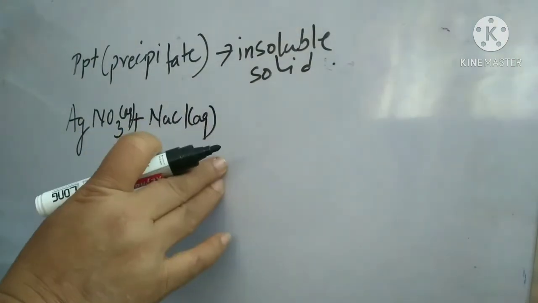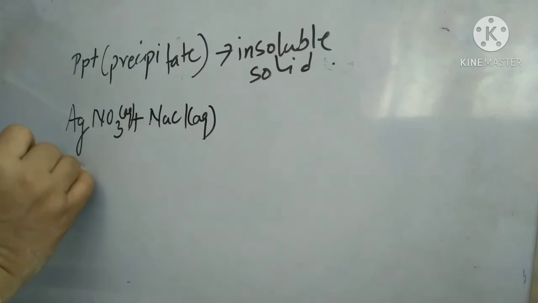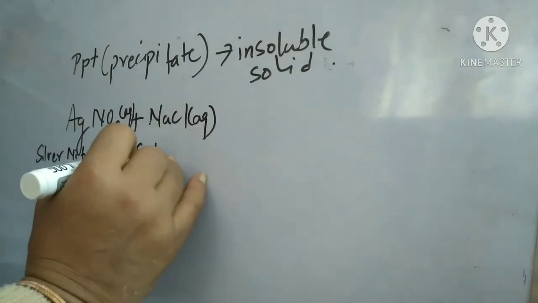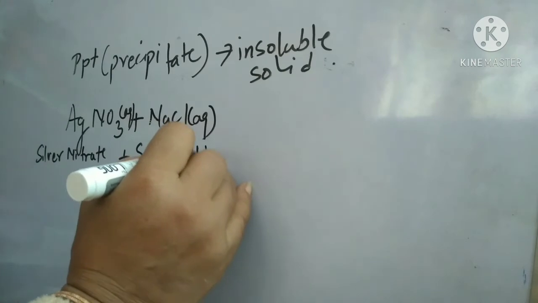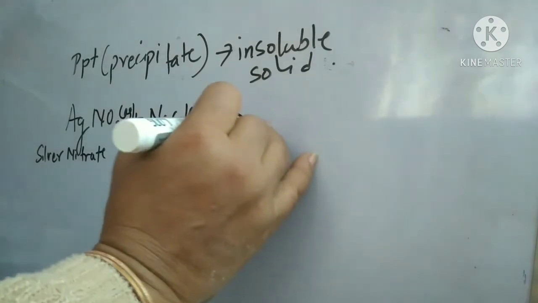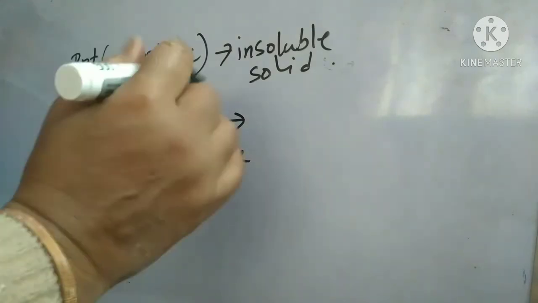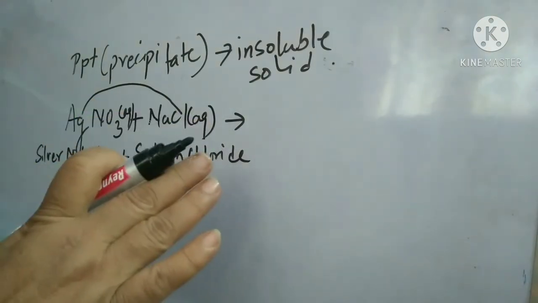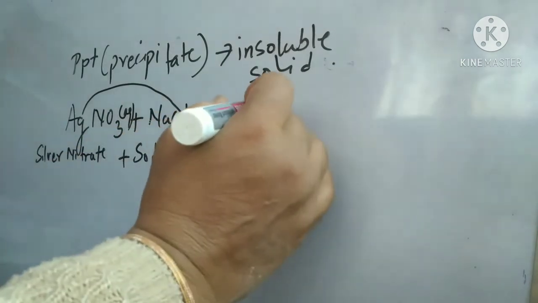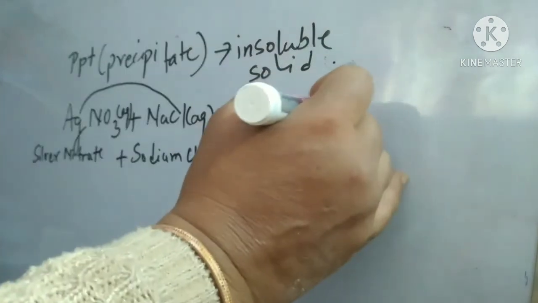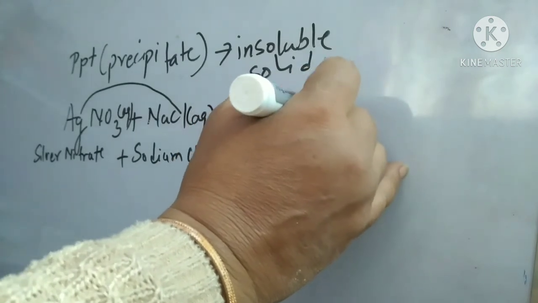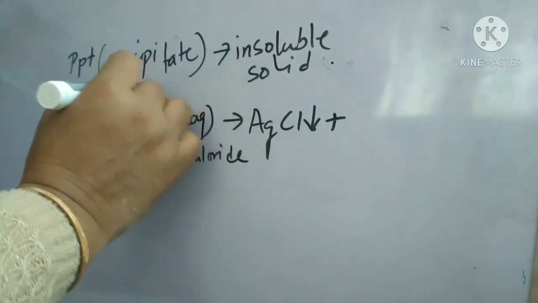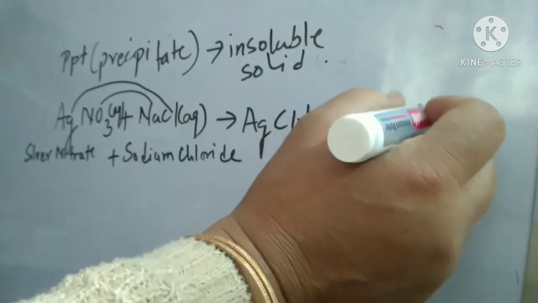Now in word equation also I am writing silver nitrate plus sodium chloride, resulting in the formation of silver combined with chlorine, that is silver chloride, that is your precipitate, plus sodium nitrate, that is NaNO3.